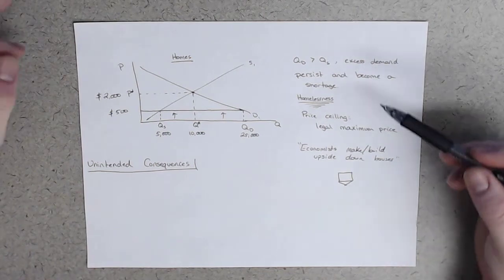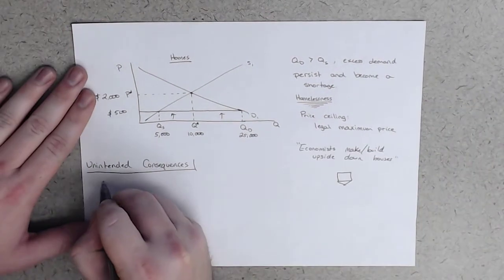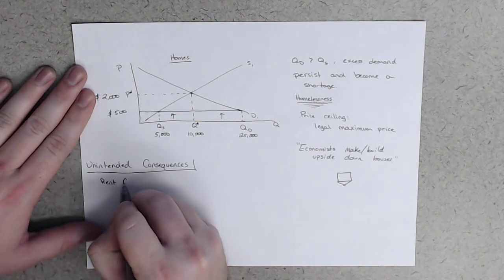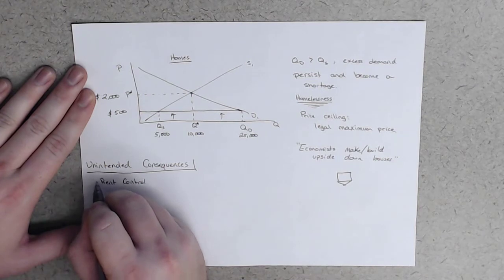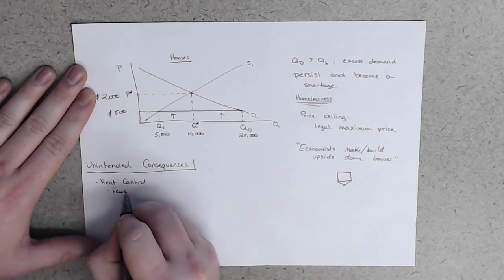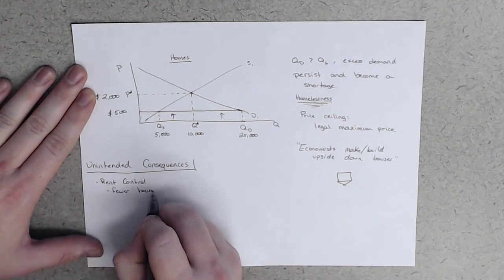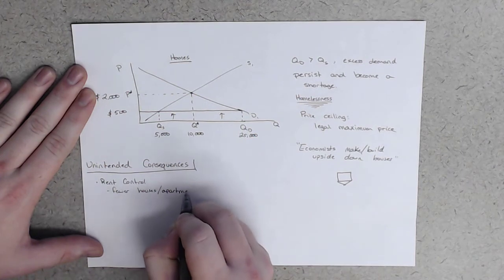So in the case of rent control, it leads to homelessness, but other unintended consequences for rent control are fewer houses available, or apartments, more likely.